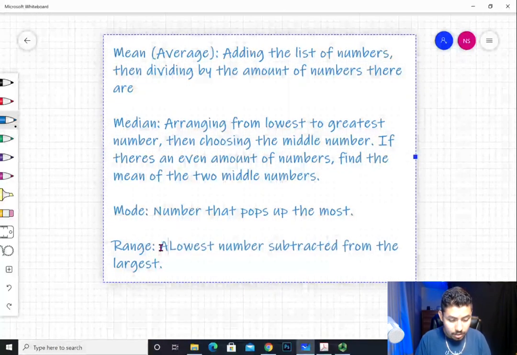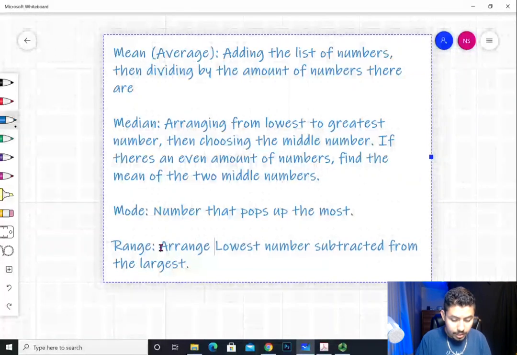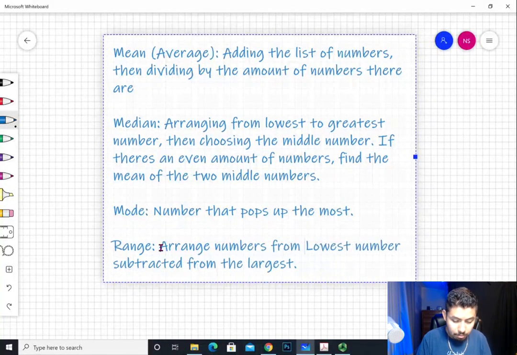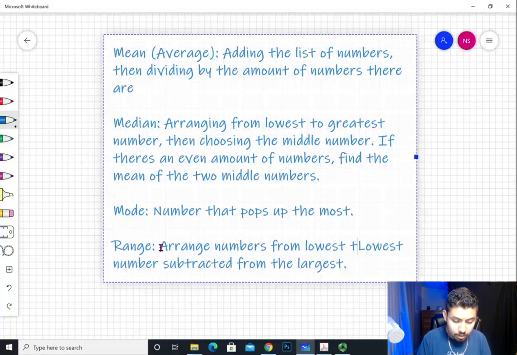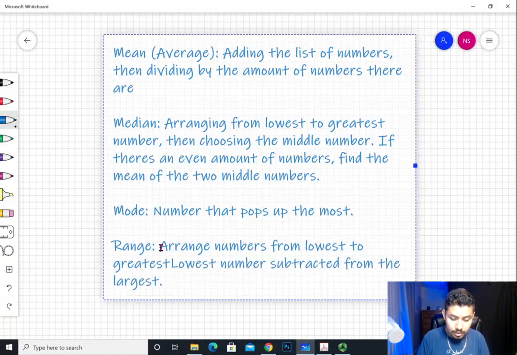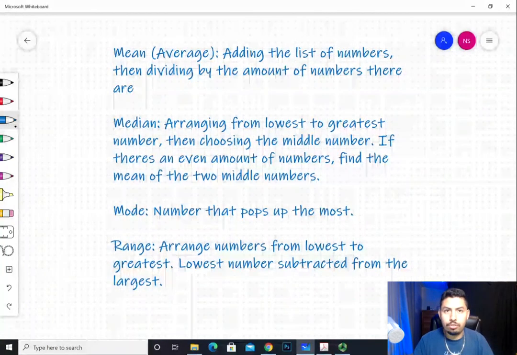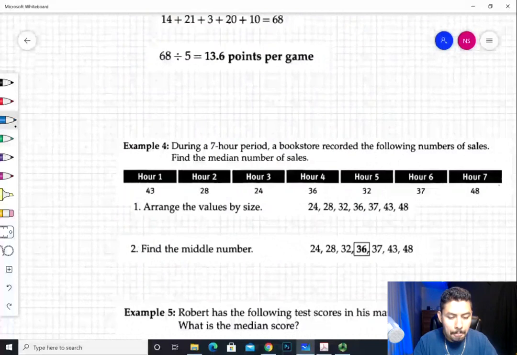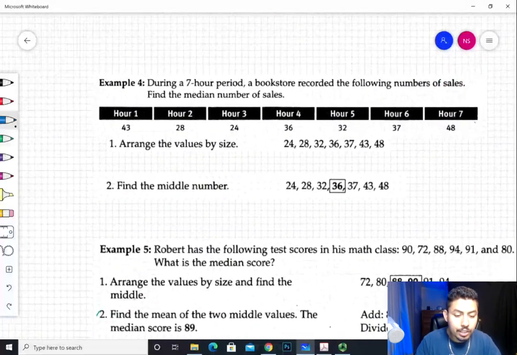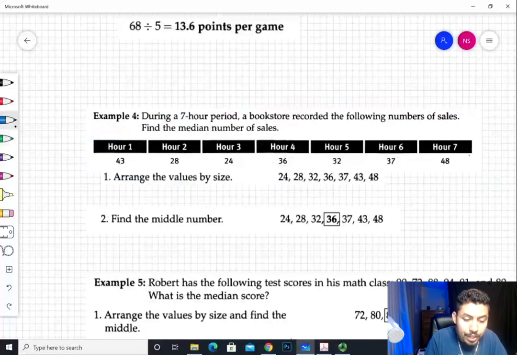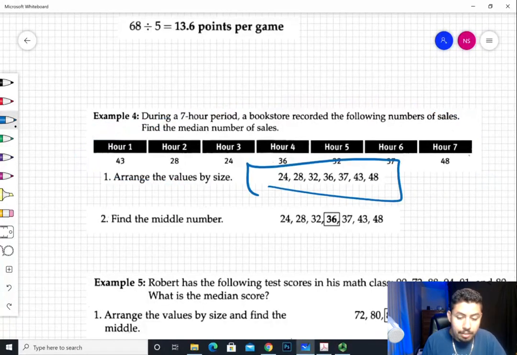Arrange numbers from lowest to greatest. Okay, just like the median, your first step should be arranging the numbers first. My apologies, y'all. So arrange the numbers from lowest to greatest. So in this example, going back to this example, I'm going to rearrange it, and there's my arrangement, right?